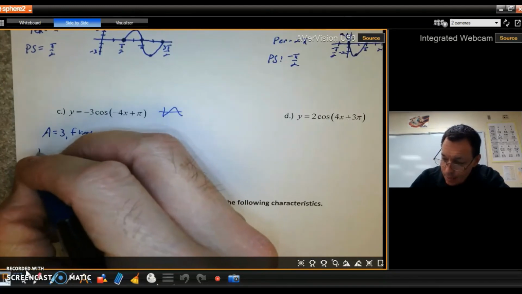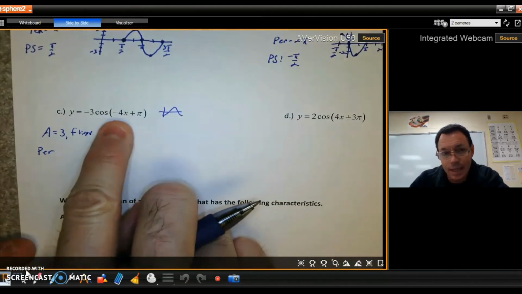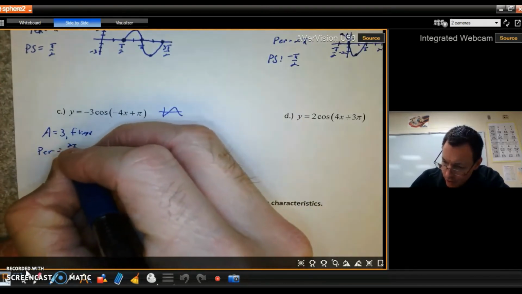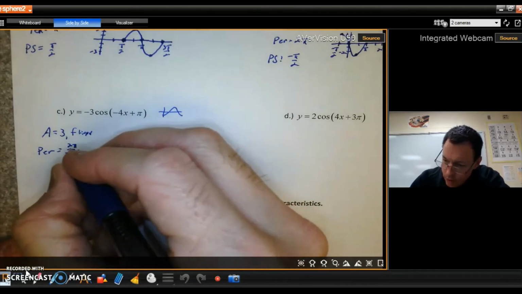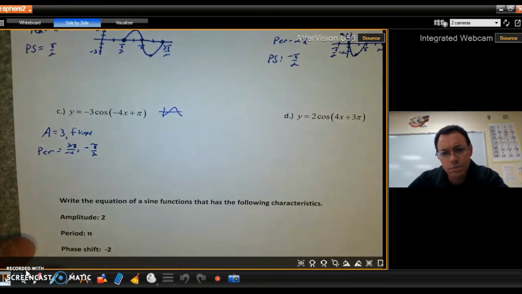It has a period. So what's the period? 2 pi divided by k, which is negative 4. So 2 pi, let me go ahead and just write that. 2 pi over negative 4. The 2 and the 4 will reduce, and you'll get negative pi over 2. That's our period, negative pi over 2.